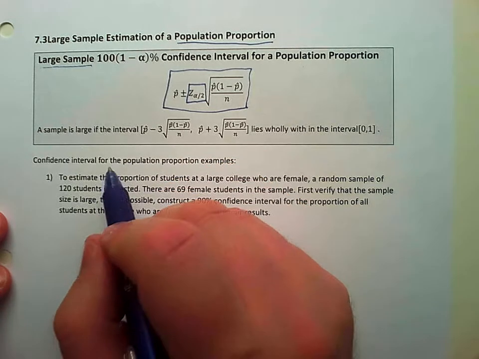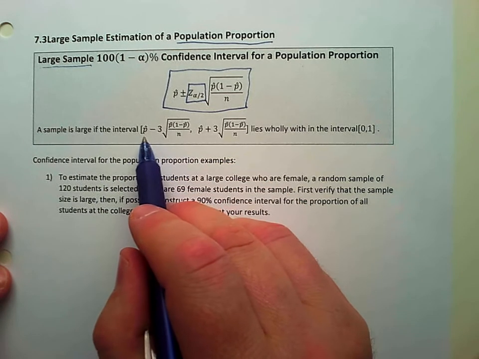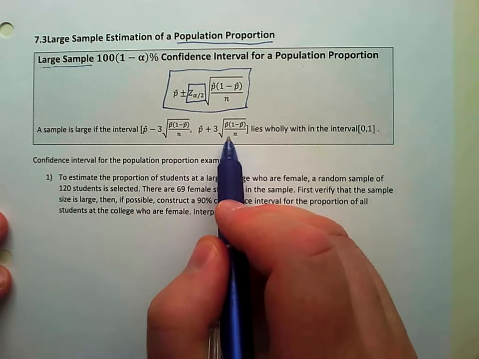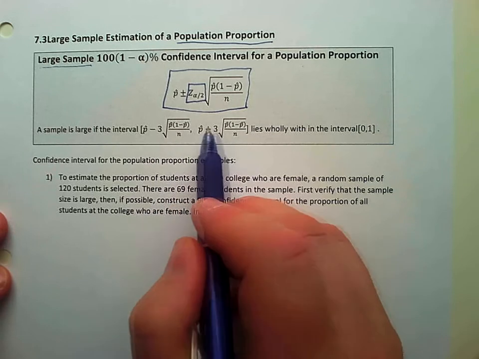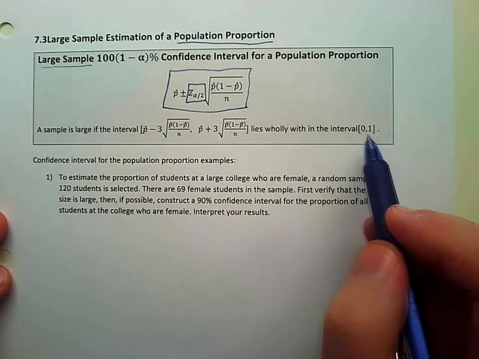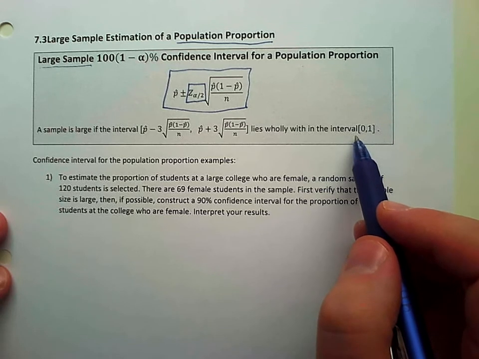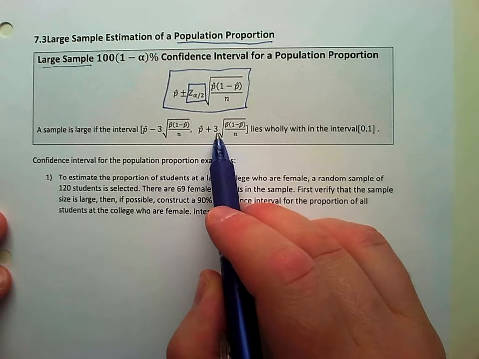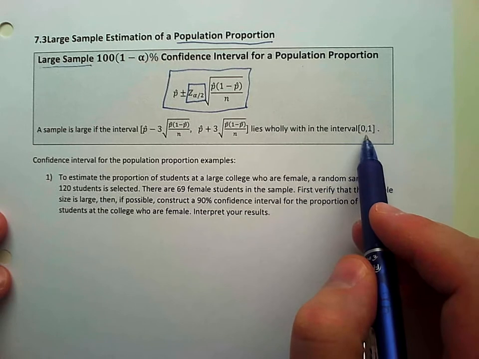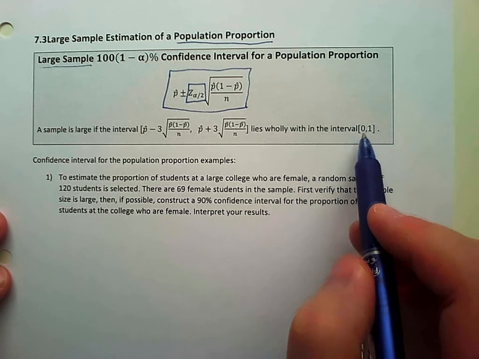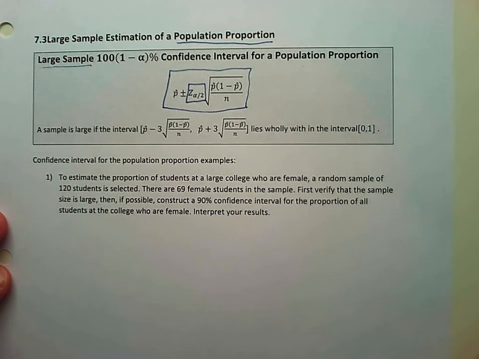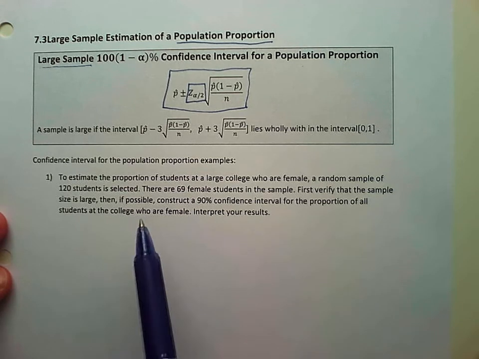If we have a large sample, then what we would want to do is calculate this interval right here, and this interval would have to lie completely between the interval from 0 to 1. If this interval was not between 0 and 1, then we do not have a large sample. Our sample is too small.